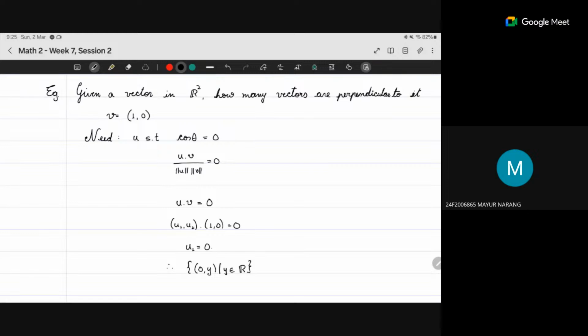So the set is the same, and once again they have the same perpendicular sets because they lie along the same line.